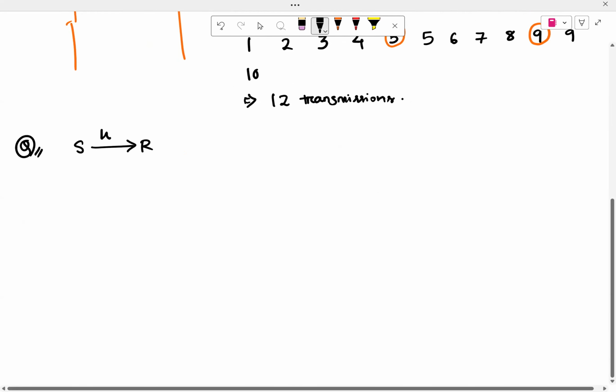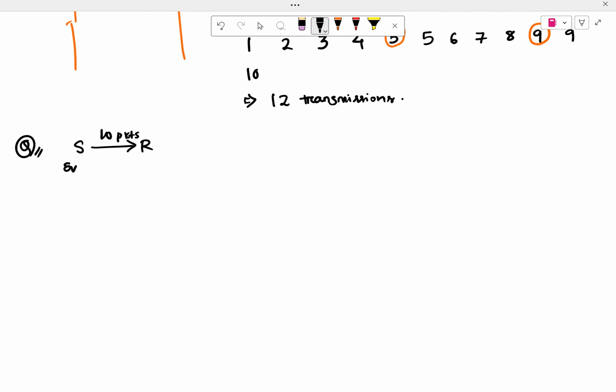So 10 packets, every fourth packet is lost. So what will be the answer now?